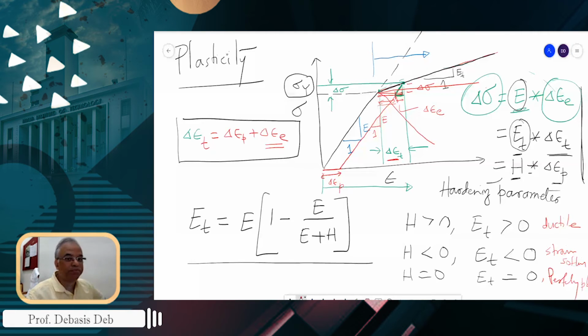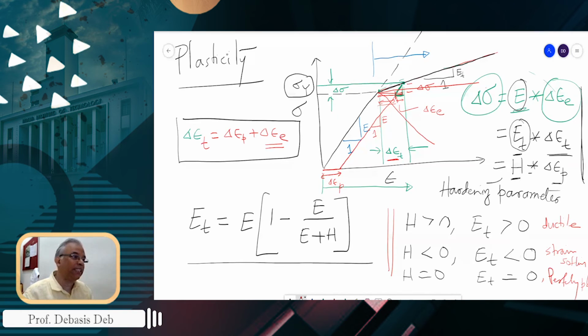So by hardening parameter, that's why the hardening parameter is very important, whether it is greater than 0, less than 0 or 0. And this tells us whether the material is ductile, brittle or strain softening or a perfectly plastic material.